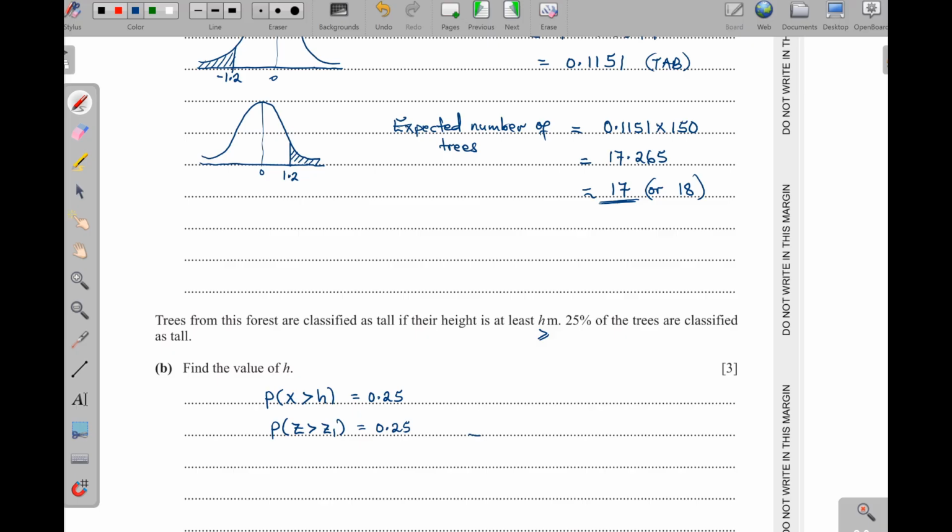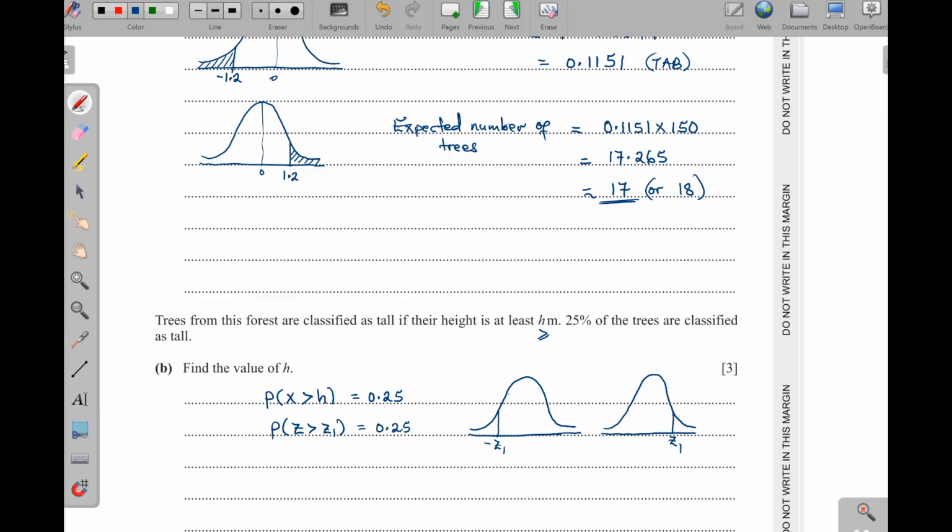Remember, I have always said that before you continue with finding the z value, always sketch these barrel-shaped curves. Sketch 2 of them and then try to judge, because the z value can be negative or positive. So which of them is the one we are going to take?